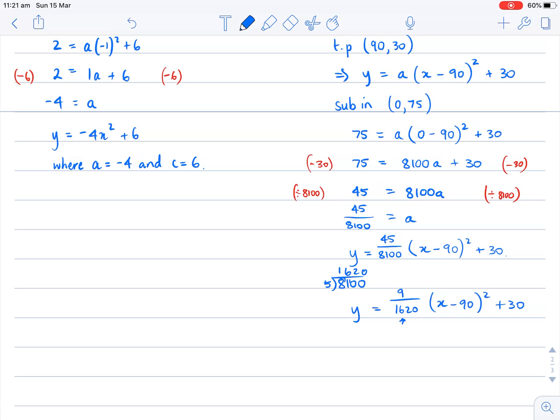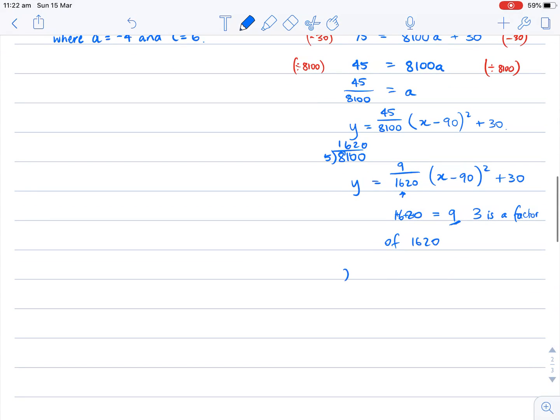Now I know that 2 doesn't go into 9, so there's not a factor of 2, and that means there's not a factor of 4, 6, or 8. If I check, I can actually see that 3 goes into both of these terms. From 1620, if I add each of the digits, that equals 9. And if 3 goes into 9, then I know 3 is a factor of 1620.